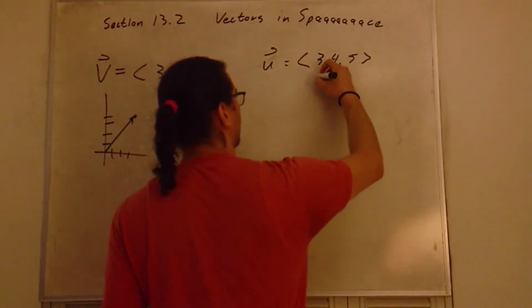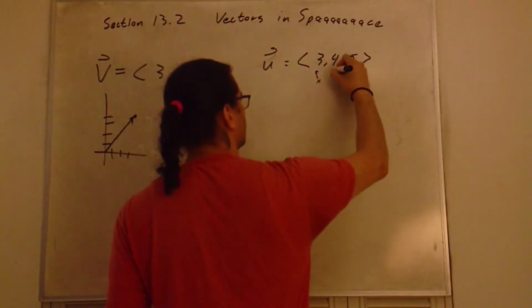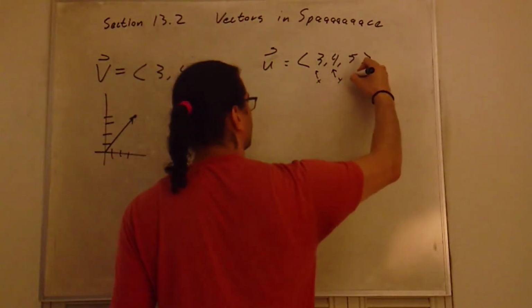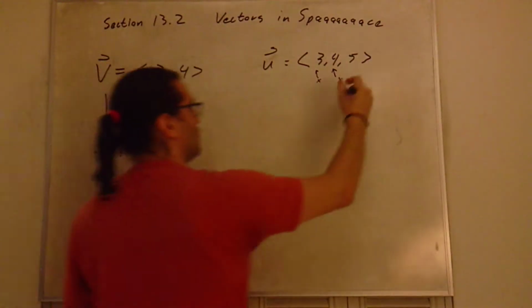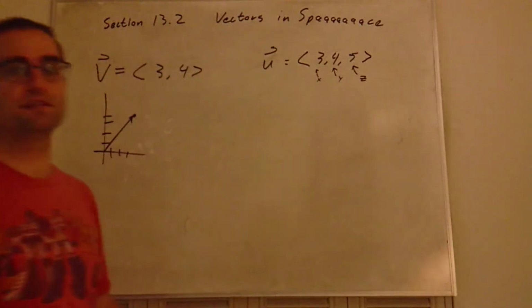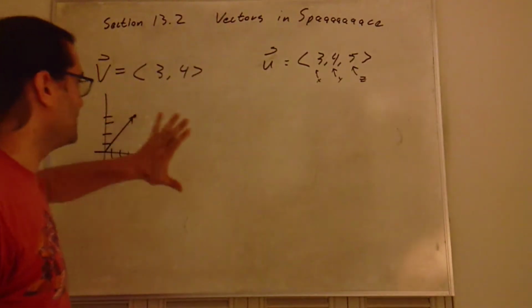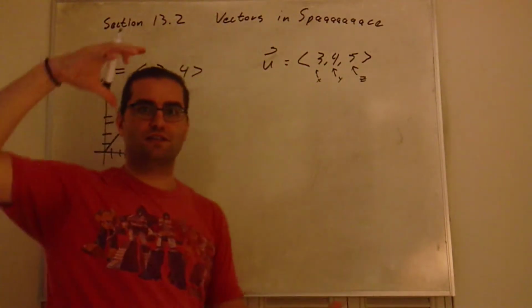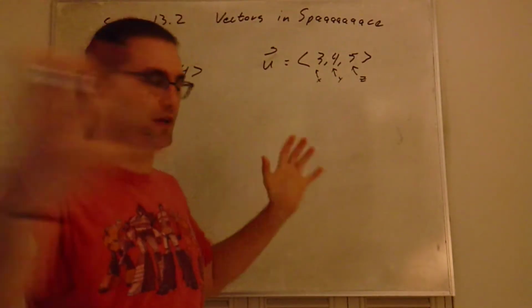This is sort of like the x coordinate, this is sort of like the y coordinate, only now we're adding a z coordinate. We are leaving the plane behind, and now we are doing things in 3 space, 3 dimensions.